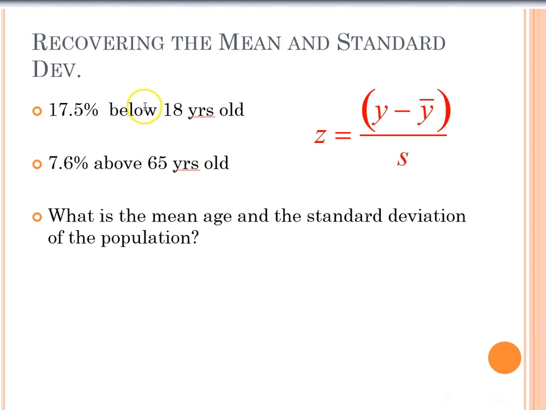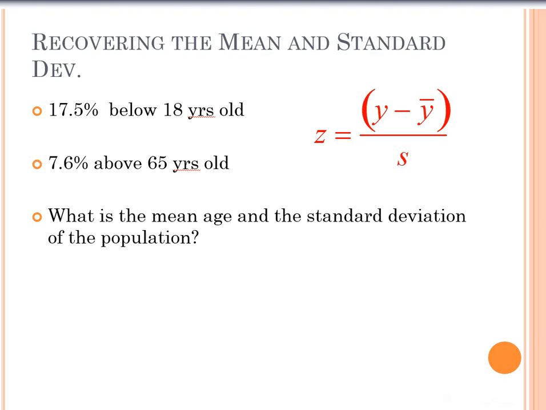And so we need to find two unique z-scores. This one will be negative because it's below average, and this one will be positive because it's going to be above average. And then once we have those two unique z-scores, we can use them to solve for the average and the standard deviation. So let's start by finding those z-scores.